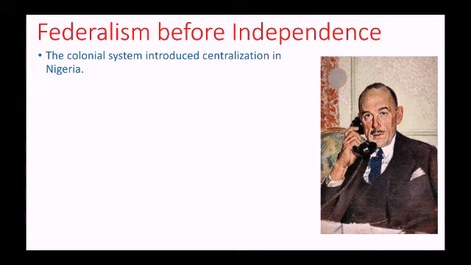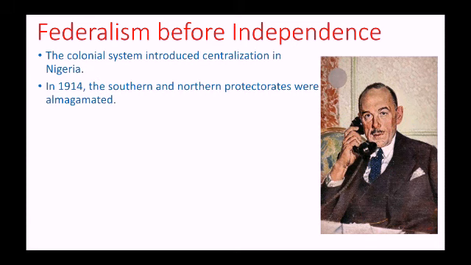So the colonial masters introduced a system of centralization in Nigeria. And by 1914, the southern and northern protectorates were amalgamated. They were joined together.